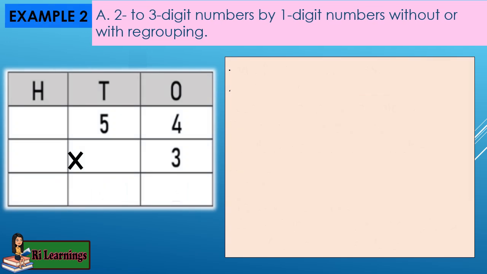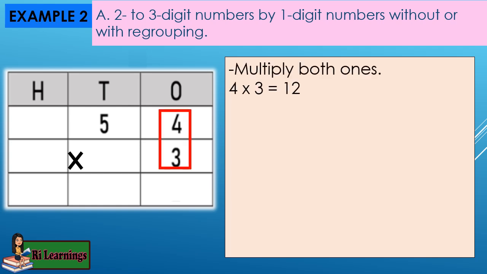Let's try this example. Arrange the 2 numbers vertically with the multiplicand placed above the multiplier. Multiply the 1-digit multiplier to each digit of the multiplicand from right to left, starting from ones place then to the tens place and extend up to the hundreds place if exist. Multiply both ones. 4 times 3 equals 12.